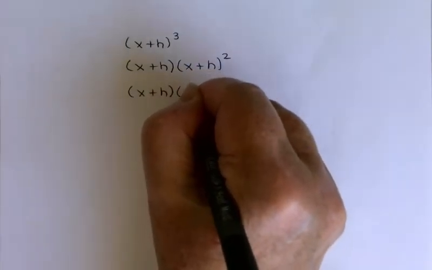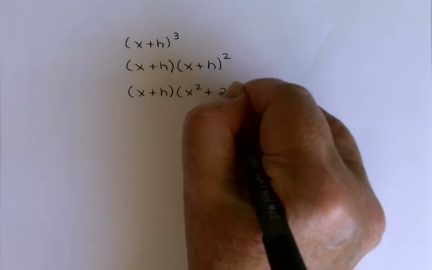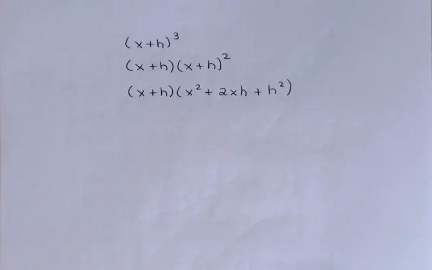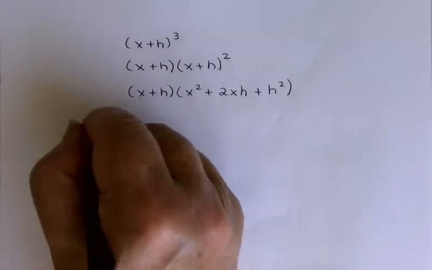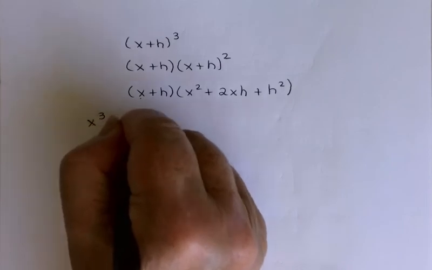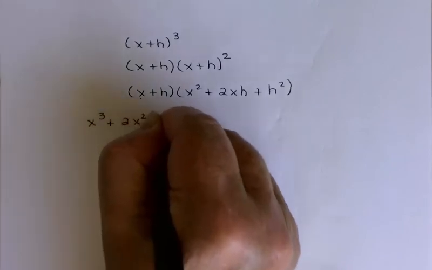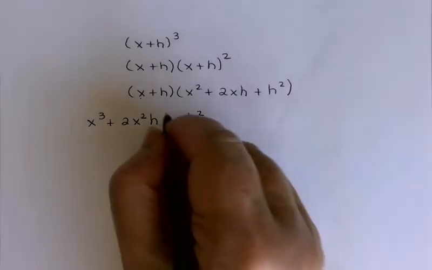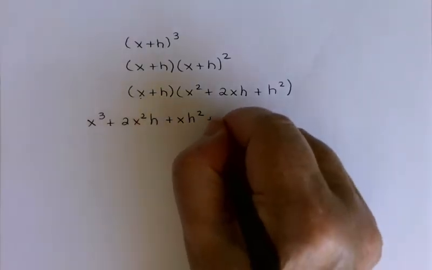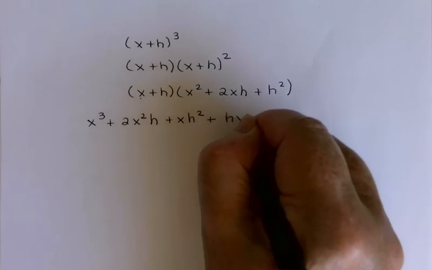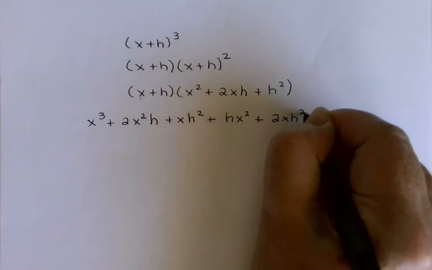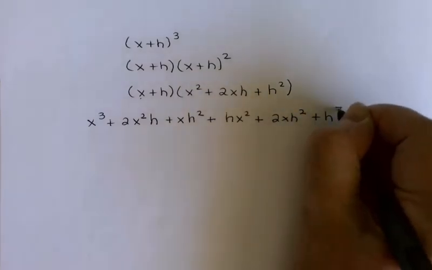And (x plus h) squared, I know that one is x squared plus 2xh plus h squared. And I'm going to first distribute the x: x cubed plus 2x squared h plus xh squared. And then I'll distribute the h: plus hx squared plus 2xh squared plus h cubed.